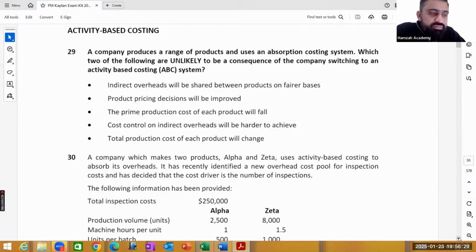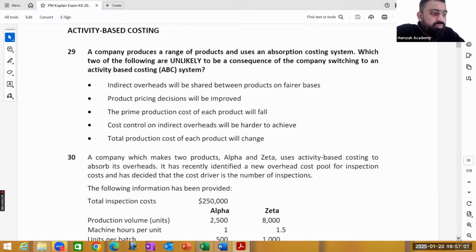Is it less likely or more likely? It is more likely that overhead will be allocated on a fairer basis. So the first is not the answer. Now, number two, product pricing decisions will be improved. It is more likely that when you use ABC, the pricing decision will improve. So the second is also not the answer.